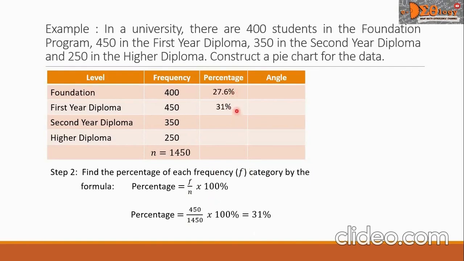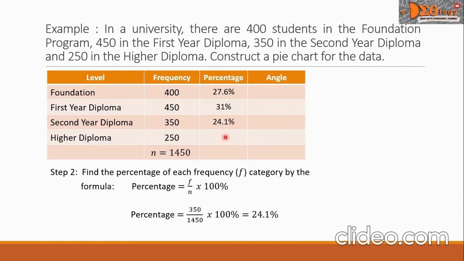For the second blank, 31%. We got this when we have 450 divided by 1450 times 100%. The next blank is 24.1%, and that is when we have 350 divided by 1450 times 100%.